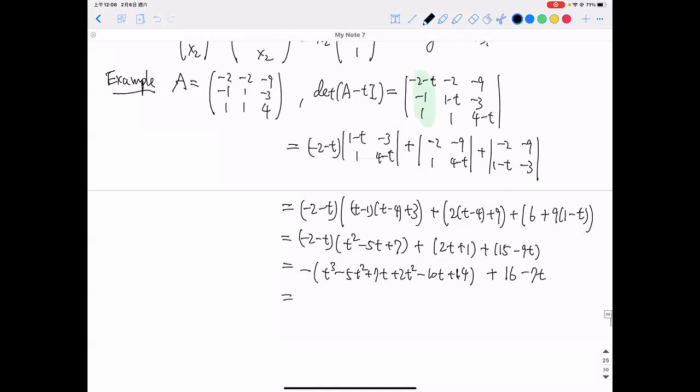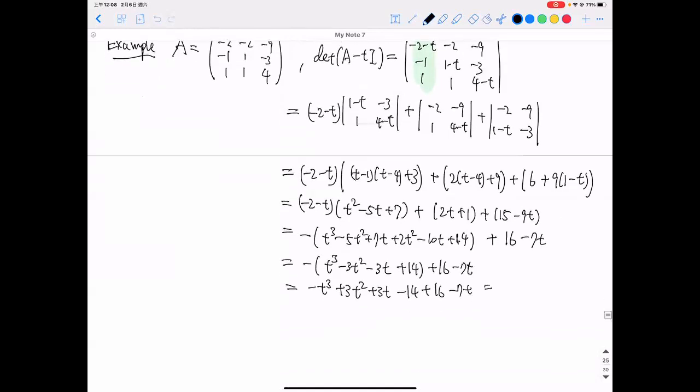Okay, so what is this? Overall negative t cubed minus 5t squared plus 2t squared, minus 3t squared, 7t minus 10t, minus 3t, plus 14 plus 16 minus 7t. Minus t cubed plus 3t squared plus 3t minus 14 plus 16 minus 7t.